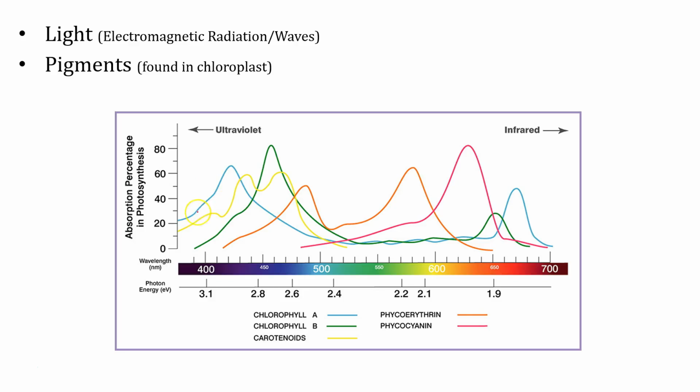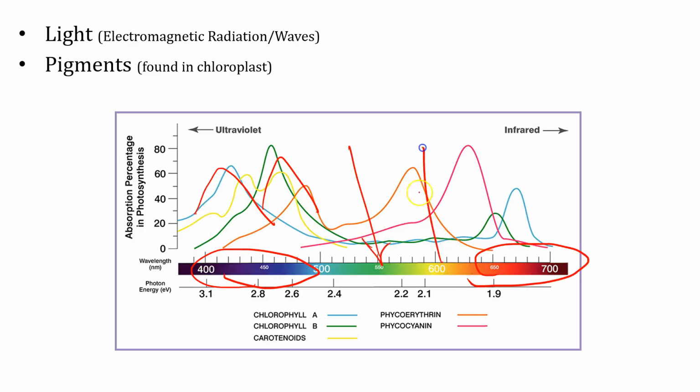You can see that their peak absorptions are in this wavelength and in this wavelength. So the things that they reflect are green and yellow. Together, that's why plants have a green color: they're not really reflecting any of the blues or any of the reds. It's mostly just the green.